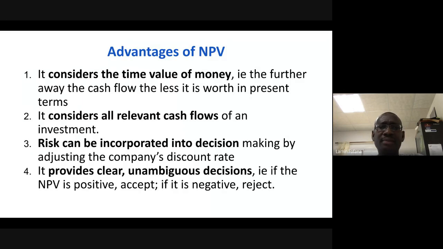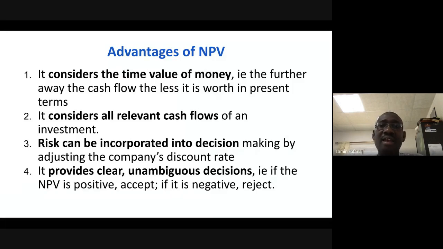Risk can be incorporated into the decision because, as we've seen, if our analysis concludes that inflows equal outflows, we don't go ahead, because we are trying to incorporate some risk in the decision. It also provides a clearer and unambiguous decision because it deals with cash.